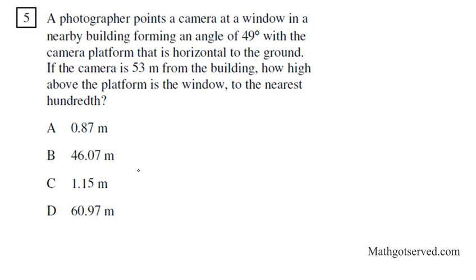Alright, let's move on to question 5. It says a photographer points a camera at a window in a nearby building from an angle of 49 degrees with a camera platform that is horizontal to the ground. So we have a camera platform on the ground, and the cameraman points the camera upwards to a window that's 49 degrees up from the horizontal.